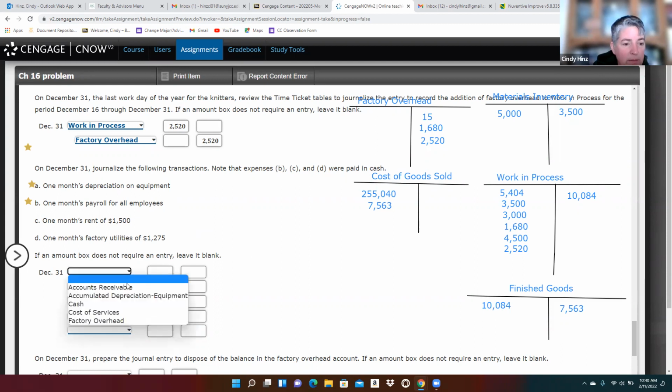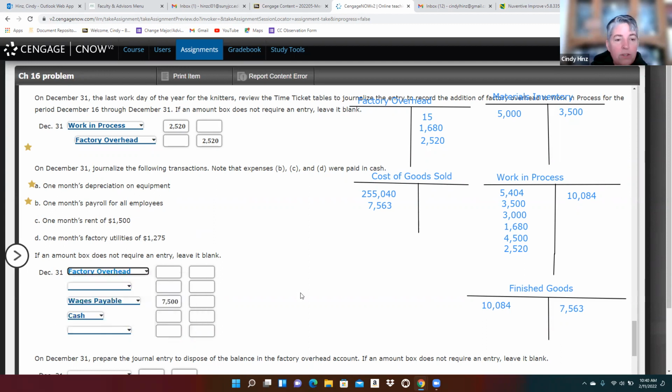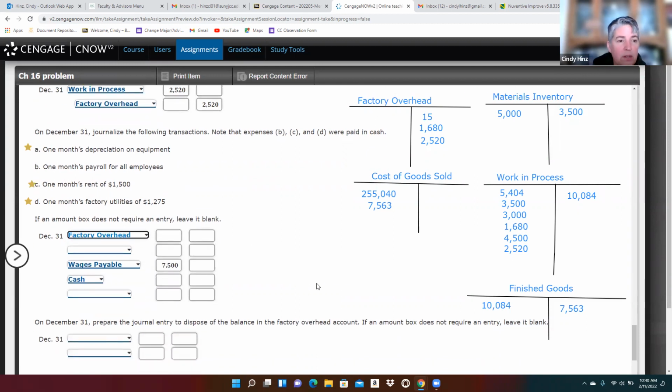The entry to factory overhead is going to be the actual cost we're going to put into the factory overhead account. And so what we are going to include in that factory overhead are the three items that I have starred.